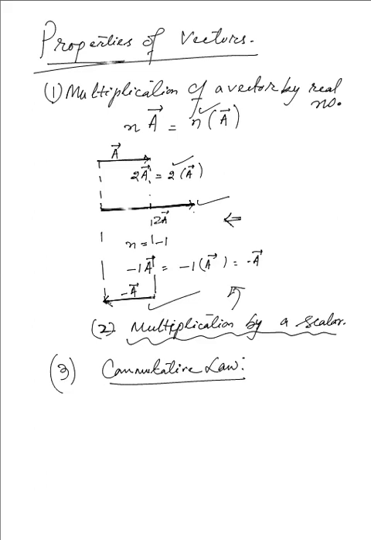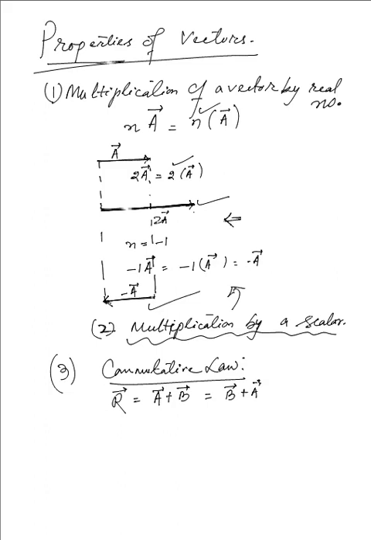So if I have the r vector, that is the resultant of the addition of two vectors, a vector plus b vector, then I also have the same result for b vector added to a vector.